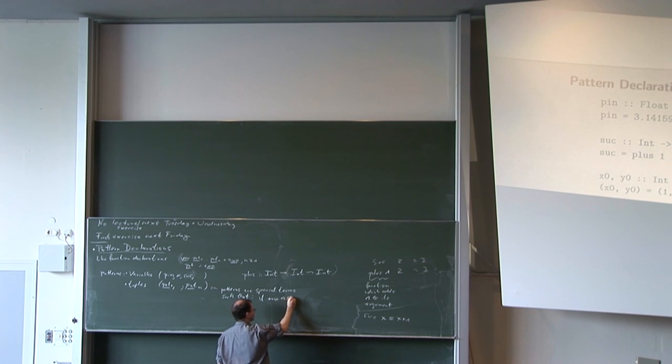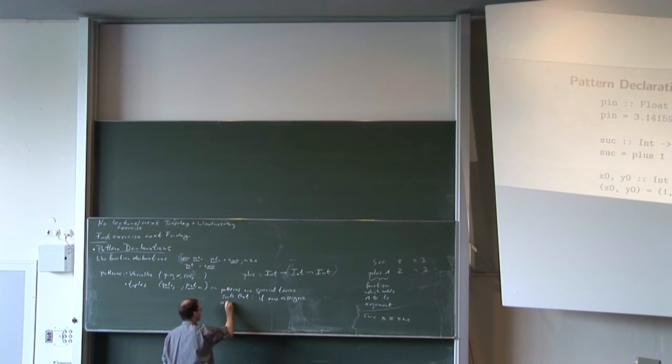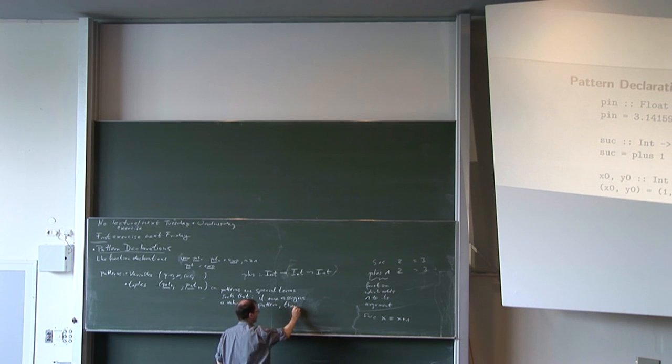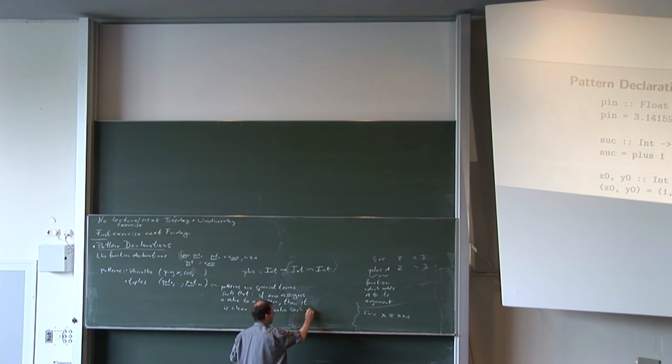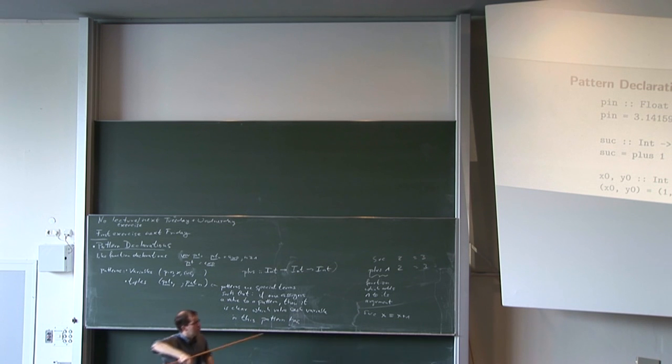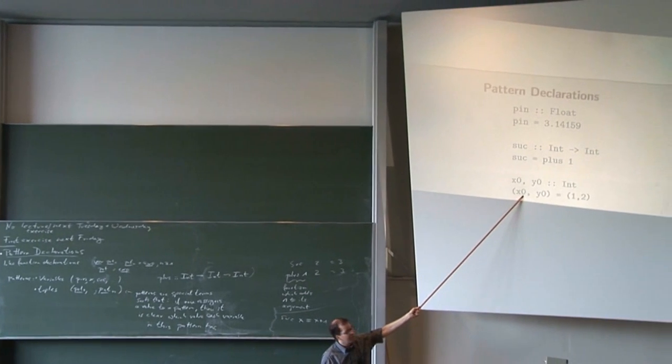If one assigns a value to the pattern, like we do it here, where we assign the value tuple of 1, 2 to this pattern, then it is clear which value each variable in this pattern has. And indeed, this is the case here, because if we assign this value to the pattern tuple of x0 and y0, then it is clear which value x0 will have, namely 1.